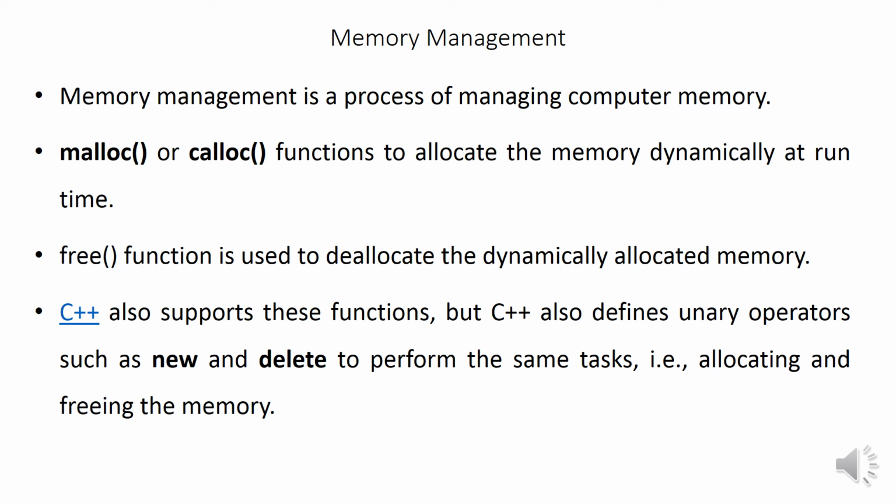So C++ supports malloc as well as free by using two operators. One is new and second one is delete. They perform the same task as malloc as well as free. These are the unary operators that are used to allocate as well as delete the memory.